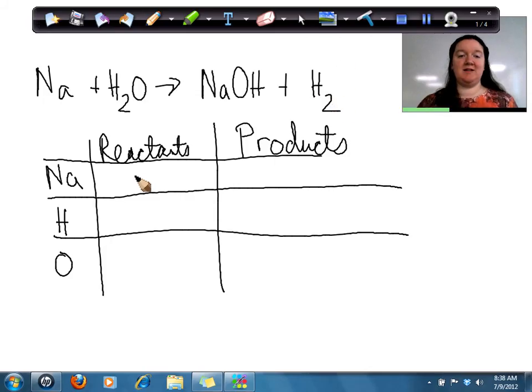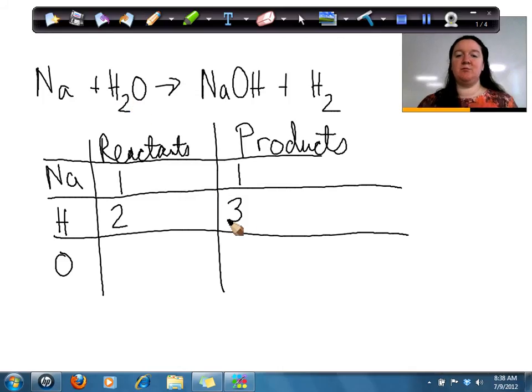So, if we look at sodium, we have one sodium on this side. We have one sodium on that side. If we look at hydrogen, we have two hydrogens on the reactant side, but we have three hydrogens on this side. We know that on this side, the hydrogens always have to come in pairs of 2.